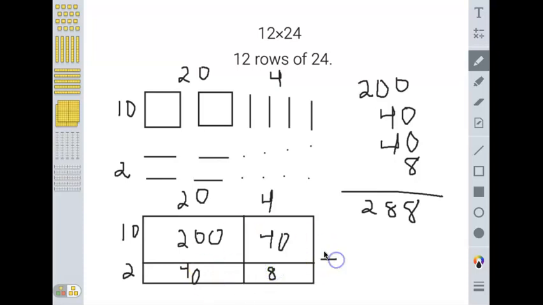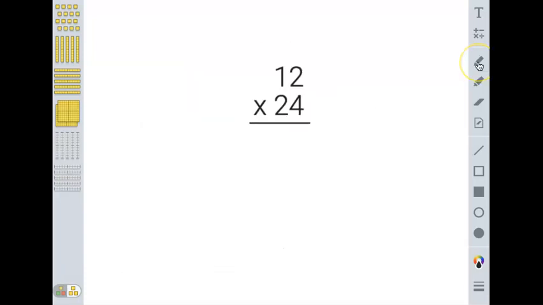Add all of this together, which will give us 288. Now that we have applied our partial products to our pictorial model, we may move forward to our abstract model. For our abstract model, it will represent 12 times 24.